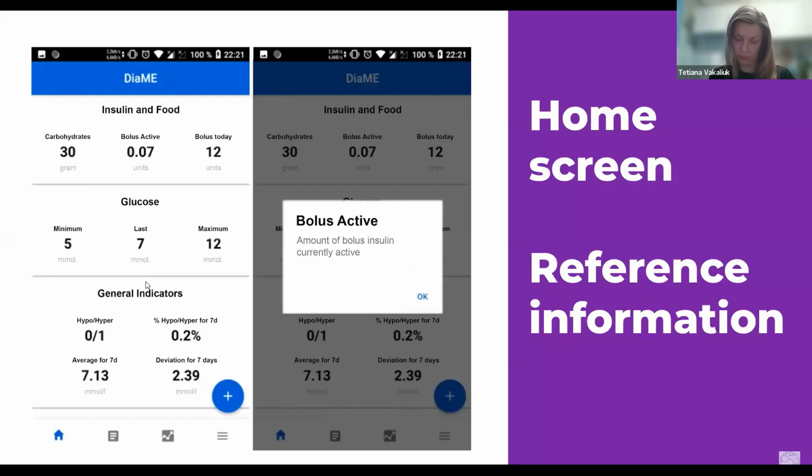After successful authentication, the main screen is displayed with statistics of the main indicators for the week and for the current day, namely bolus insulin per day, the amount of active bolus insulin at the moment, the number of hyperglycemia for the current day, average sugar level in 7 days, mean deviation of sugar in 7 days, and the amount of hyperglycemia in 7 days in percent. By clicking on these indicators, the user can get reference information.